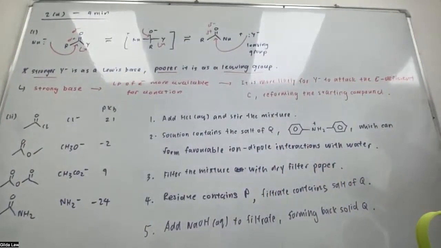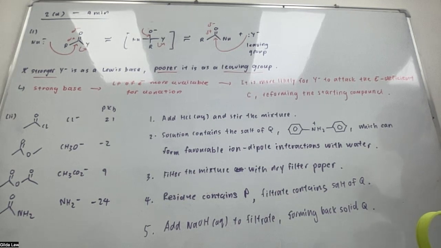Can we use other acids? Usually it's HCl. Other acids, let me consider. HNO3 is fine. HCl is commonly used in this process. Safest here will be HCl because that's what we normally use.